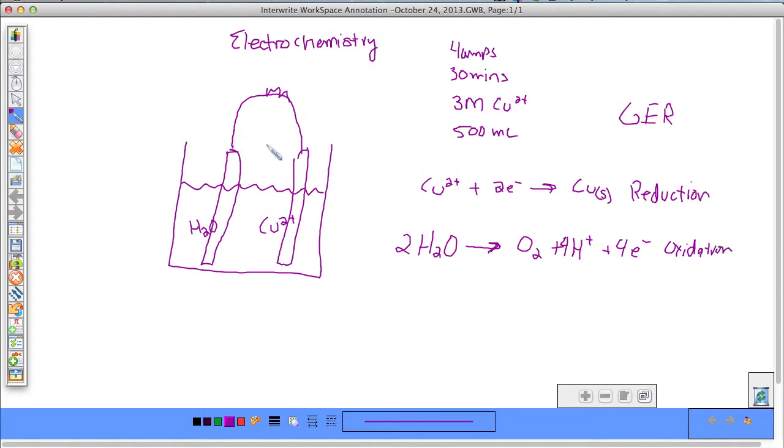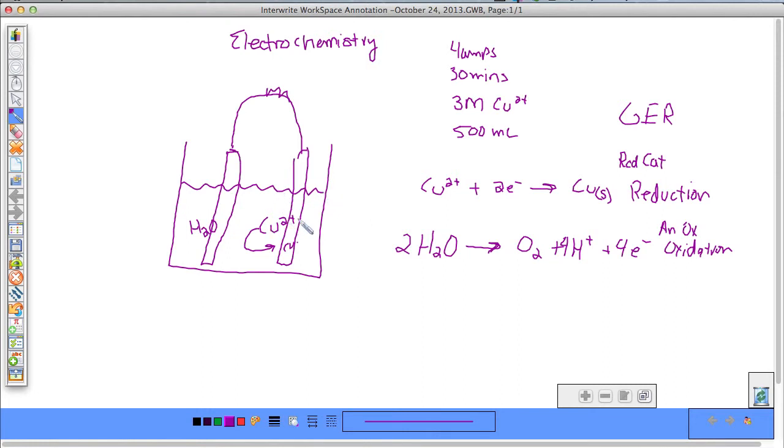Okay, so let's label these anodes and cathodes. So which one's going to be the anode and which one's going to be the cathode? So let's say that this one is where the copper builds up, right? So the copper is going into this one. Well, this is reduction, and so if you remember your thing, red cat. So reduction happens at the cathode, and this one's going to be an ox.